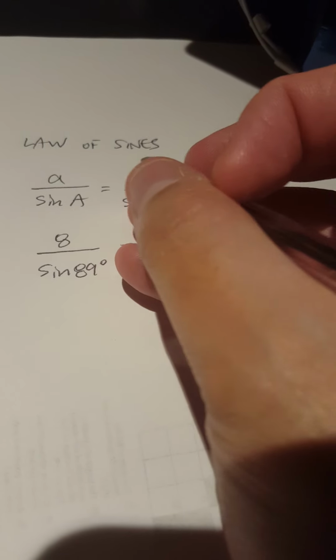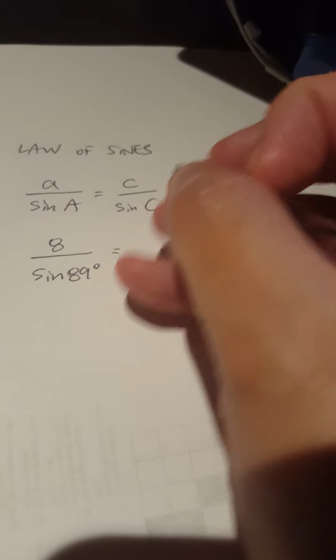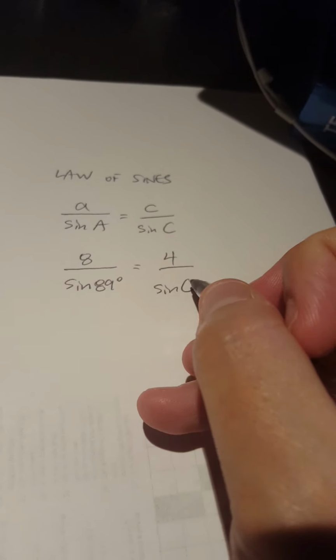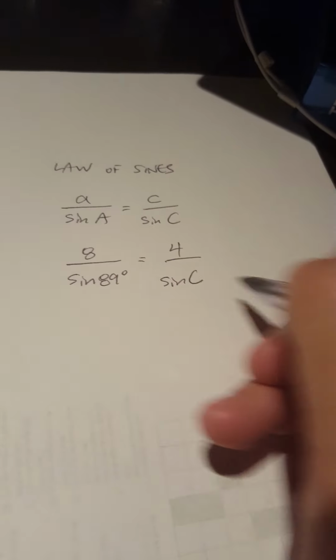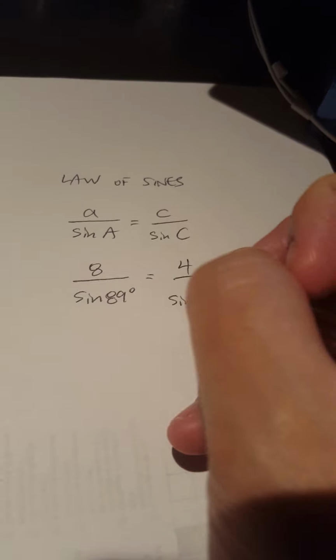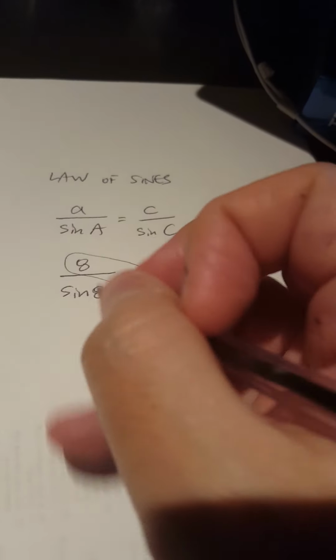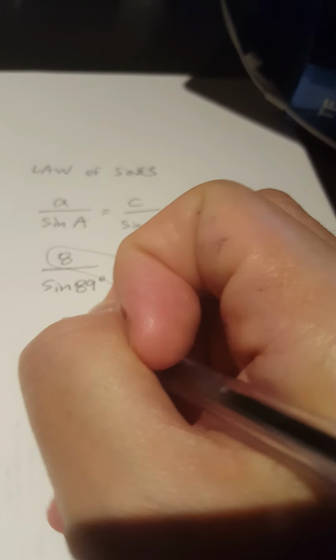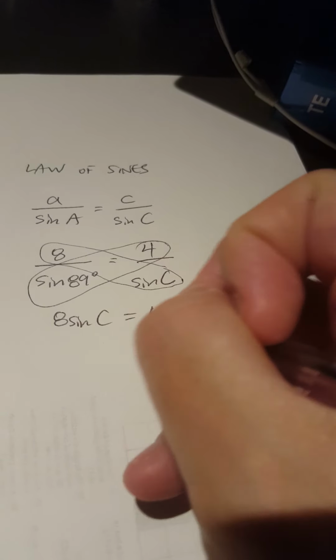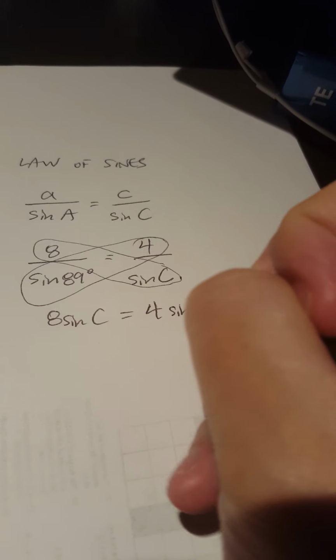And this is equal to side c, which is 4, over the sine of big C. I'm ultimately looking for big C. So what we're going to do here is cross multiply. 8 times sine C is equal to 4 times sine of 89 degrees.